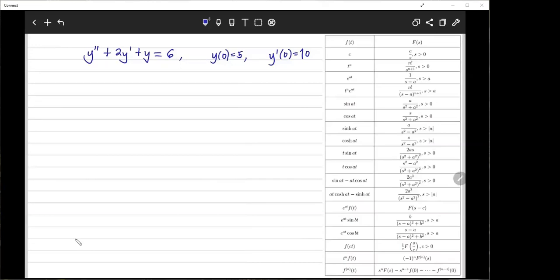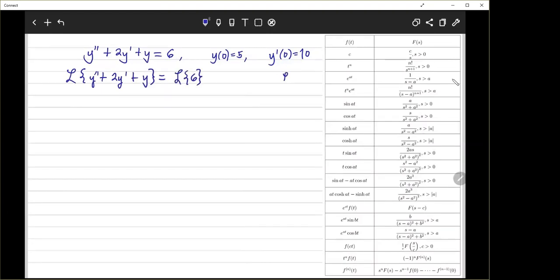Okay, so step 1 is we need to apply the Laplace transform on both sides of the equation. So we apply the Laplace transform to y double prime plus 2y prime plus y equals the Laplace transform of 6.